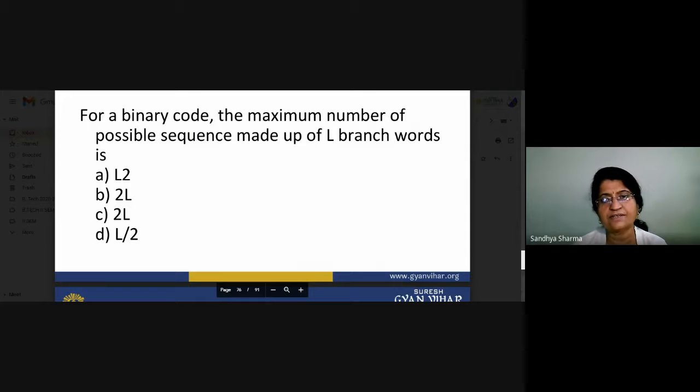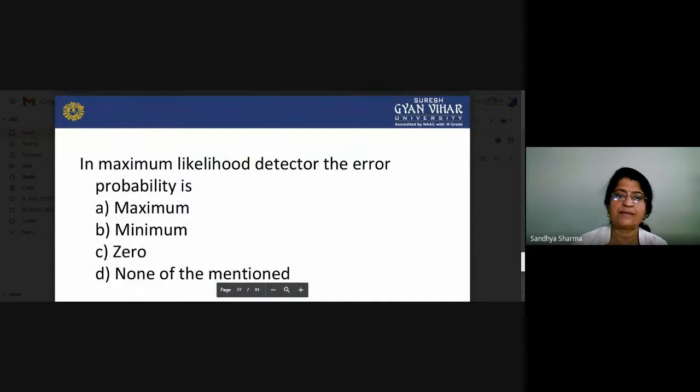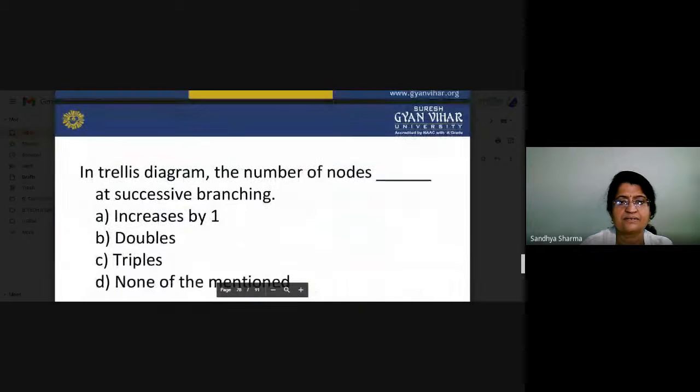In our next lecture, we will see about this. For the maximum likelihood detector, the error probability is, so if you are opting for the maximum likelihood detector, what is the probability: maximum, minimum, or zero? So these are the basic things. This is about the trellis diagram, and a little bit in the next slides also. For the trellis diagram, the number of nodes, in which nodes you are working. That is basically a transfer of our state diagram nodes into the trellis diagram.